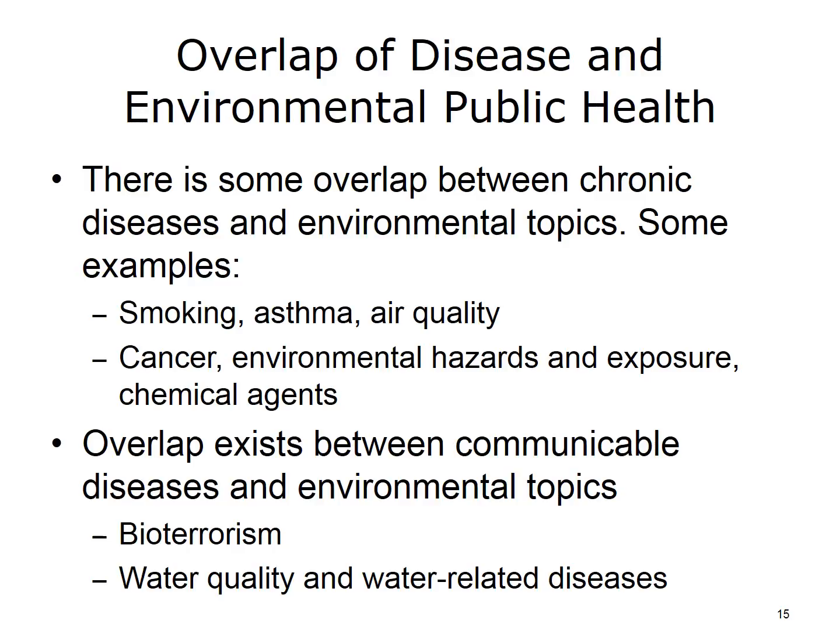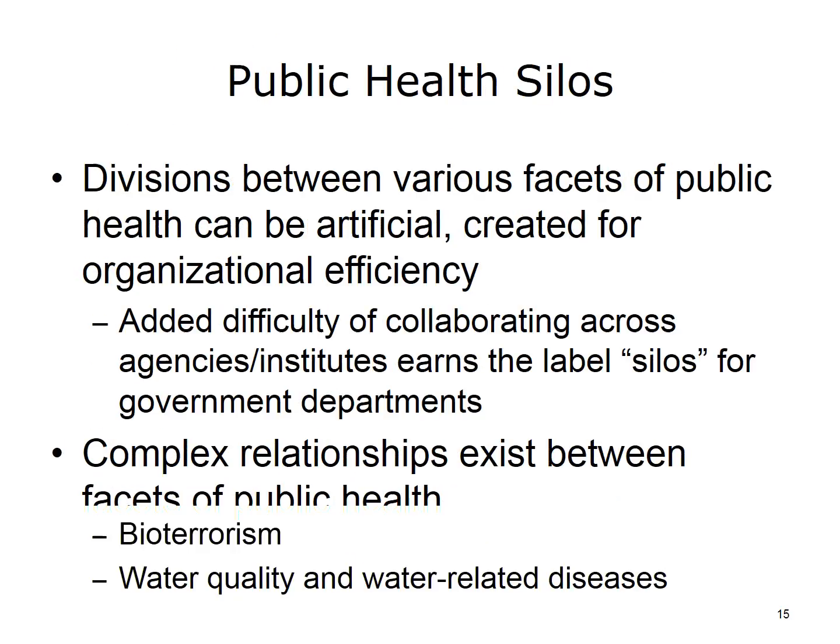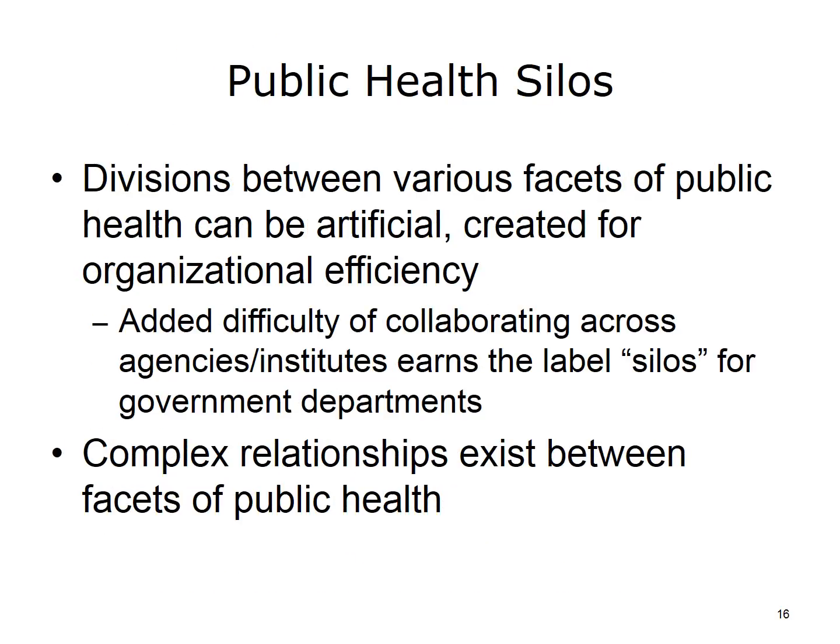Communicable diseases also overlap with environmental topics, such as the relationships between water quality and water-related diseases. In fact, divisions between different facets of public health can be artificial, created for organizational purposes. The relationships between different facets of public health are often complex, as illustrated in the previous examples.